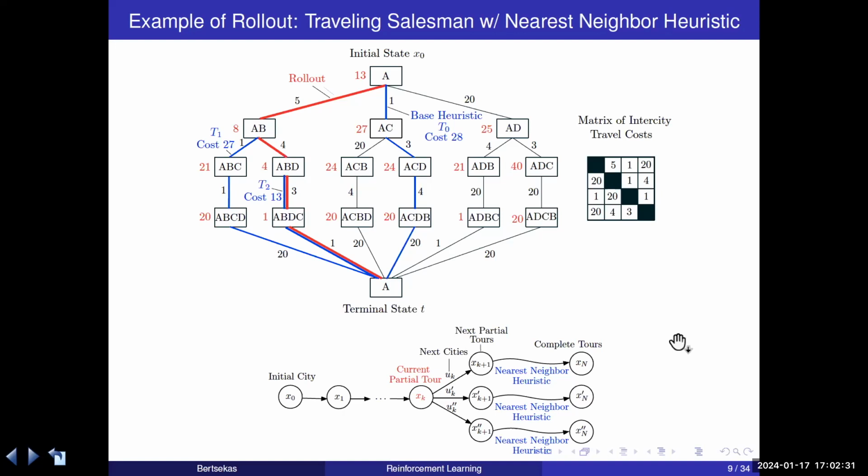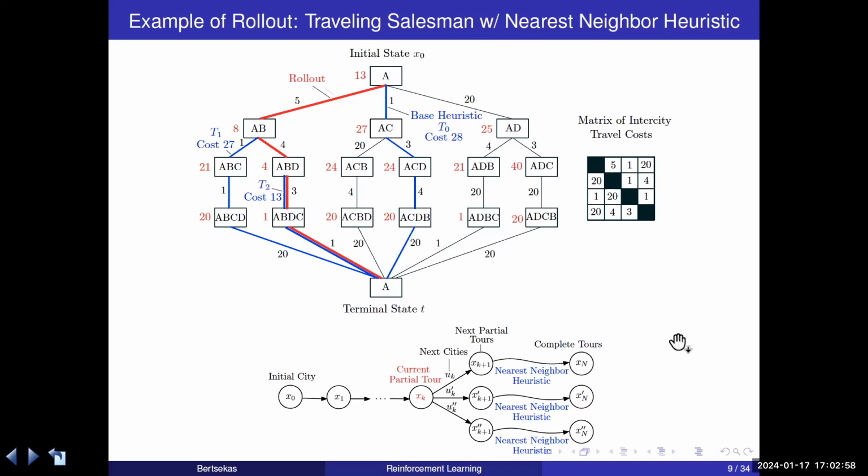You can also combine them all together and get something that's better than all of them. You get a rollout algorithm that performs better than all of the heuristics together. And we're going to explain how this is done 3 lectures from now or so. And the other thing that's going to come out from future lectures is that the quality of the base heuristic does not matter all that much.